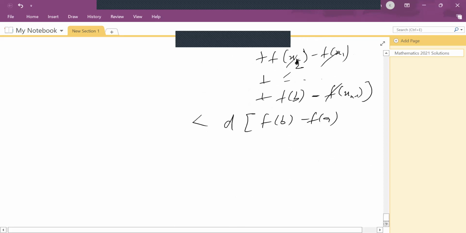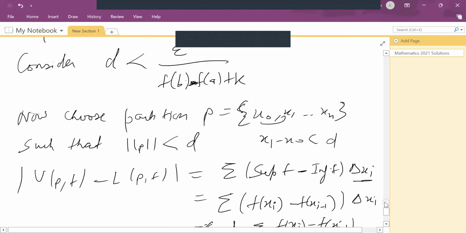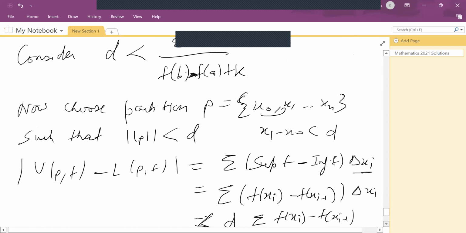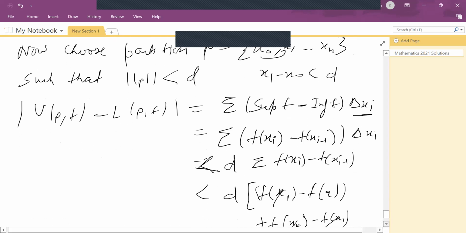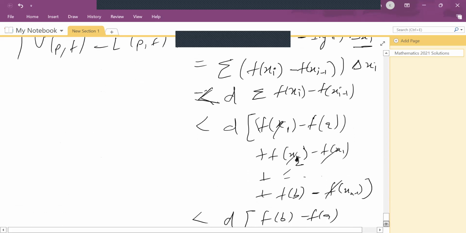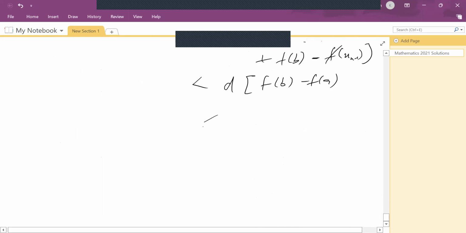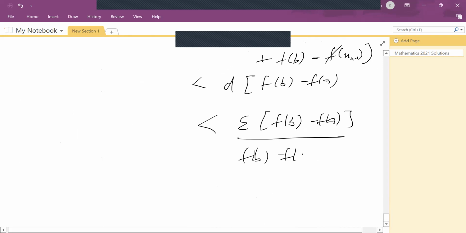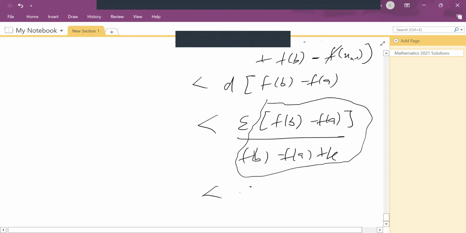What was d? d was epsilon upon f(b) minus f(a) plus k. So let's write the value of d. This will be less than epsilon times f(b) minus f(a) upon f(b) minus f(a) plus k. If you see, this ratio is less than 1, so this will be less than epsilon.